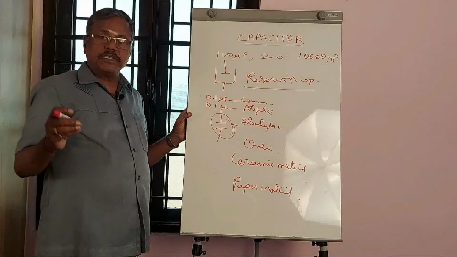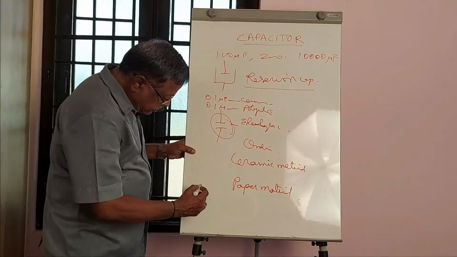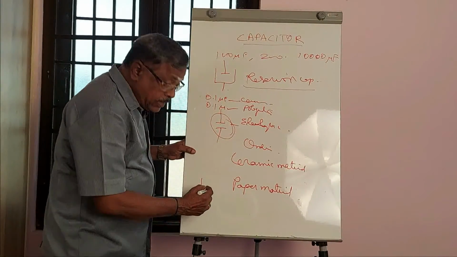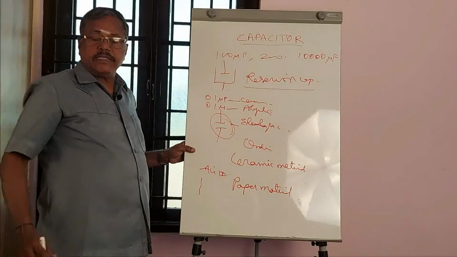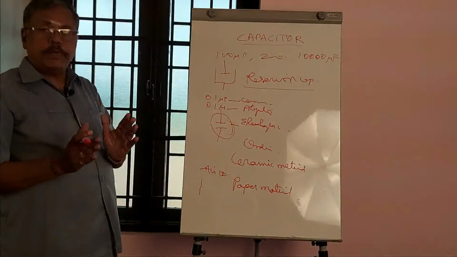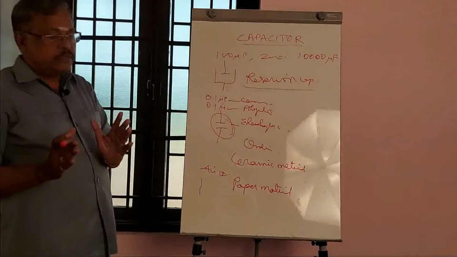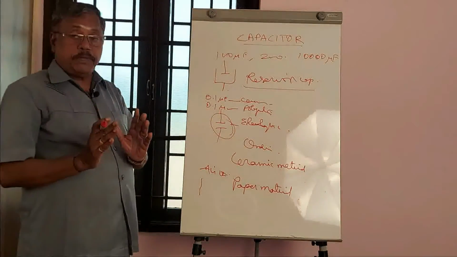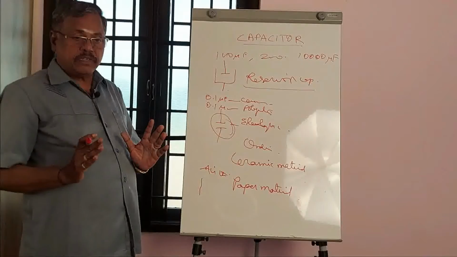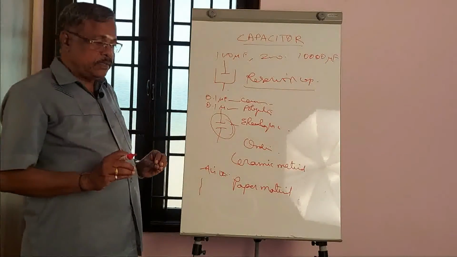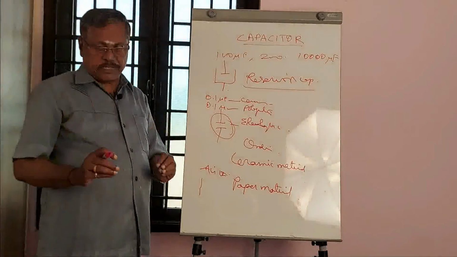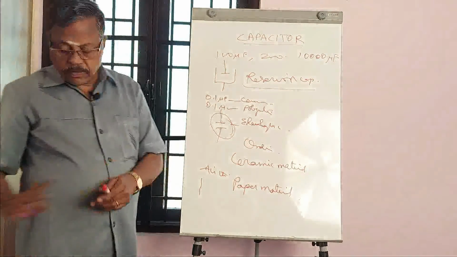And there is one more capacitor available, a capacitor with only air as the medium. When you have two plates and between them only air, that capacitor is called an air capacitor. The medium is air only. But the value produced by these capacitors is going to be very, very small only.